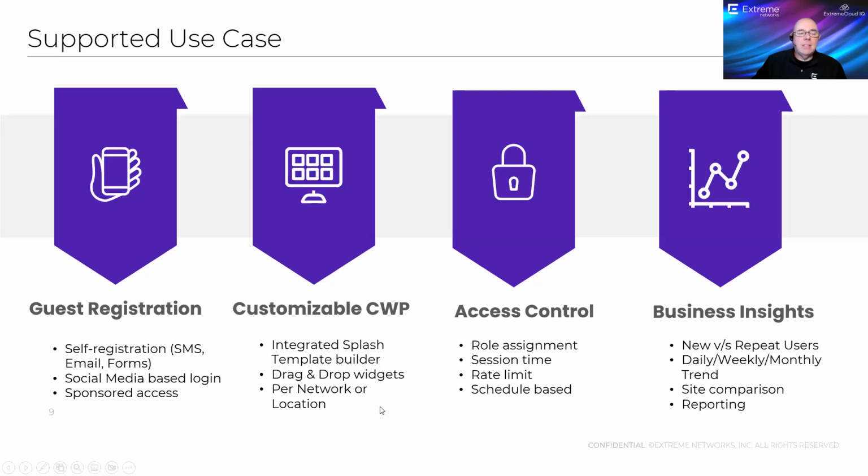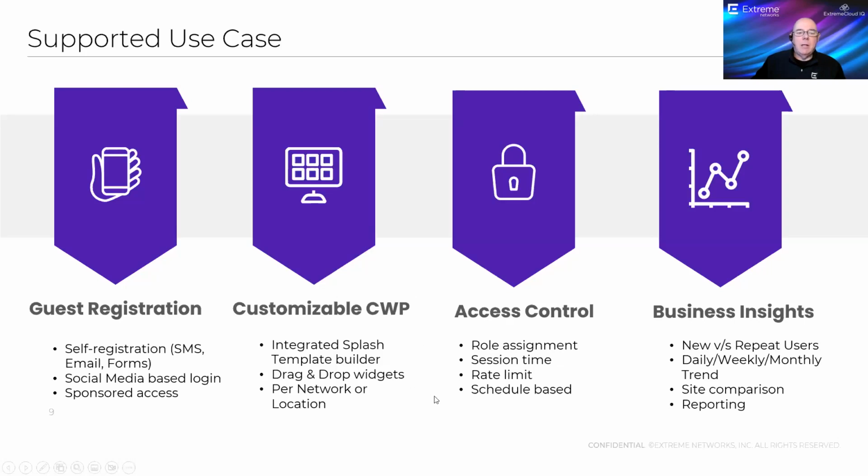And you can assign those web portals on a per location basis. So if you have a dozen locations, you can have a different web portal at each location saying, welcome to Extreme Networks Thornhill office, instead of San Jose. You can have a different portal at every location.